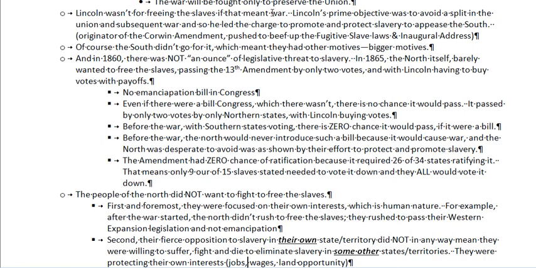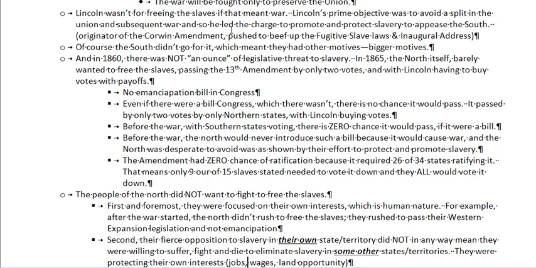Lincoln's prime number one objective was to maintain the Union together. Avoid a split and avoid a subsequent war. And so he led the charge. He led the charge to promote and protect slavery to appease the South. He was the originator of the Corwin Amendment, getting Senator Seward to ramrod that through Congress.